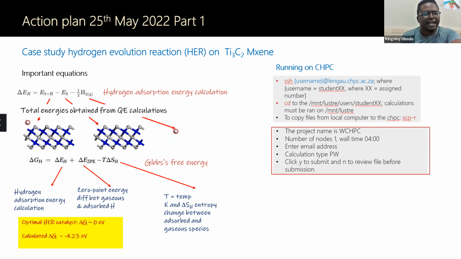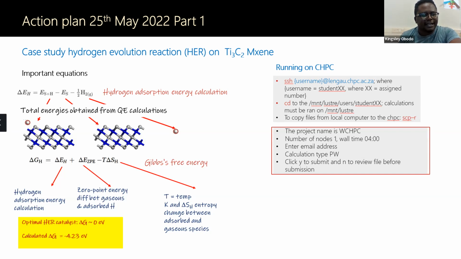This adsorption energy is sometimes also referred to as the binding energy of the system. We obtain the energies from the calculations we run. The total energy calculation we obtain from Quantum Espresso, which you can run either on CHPC or even on your local machine.